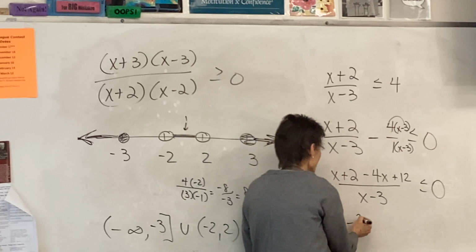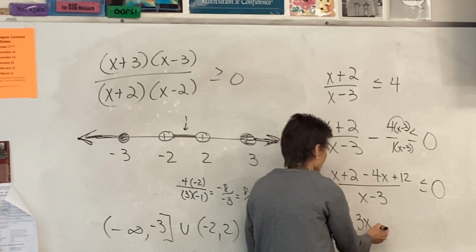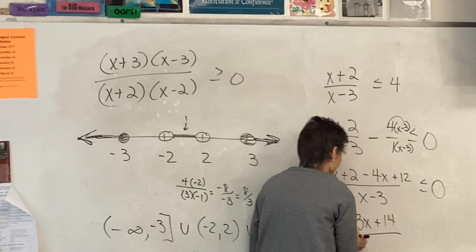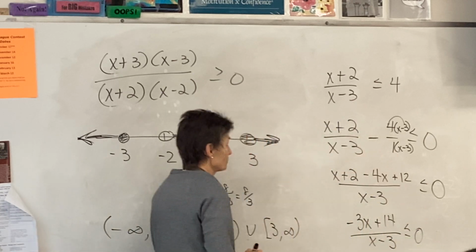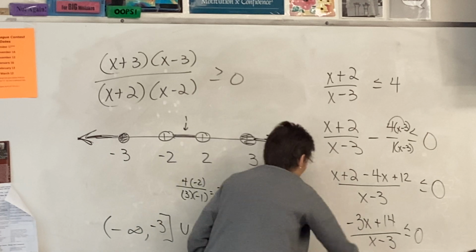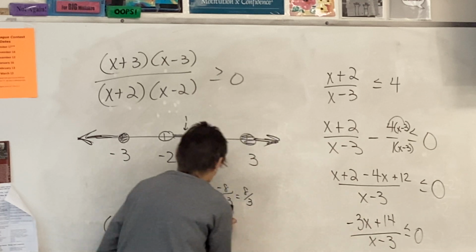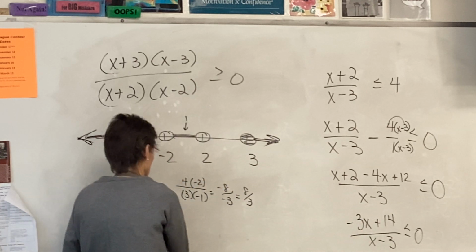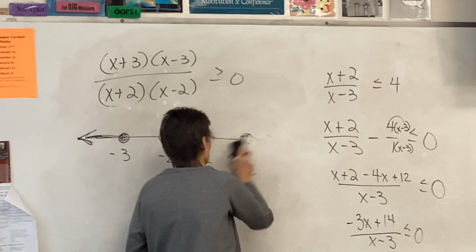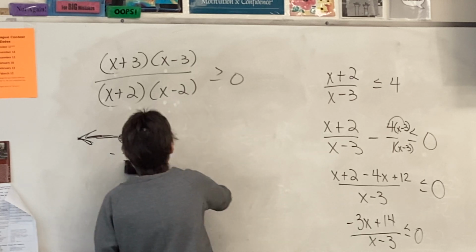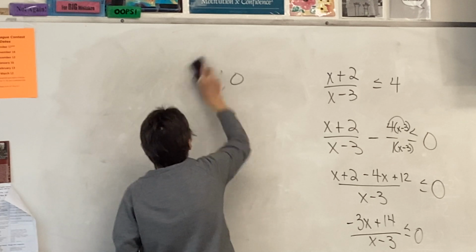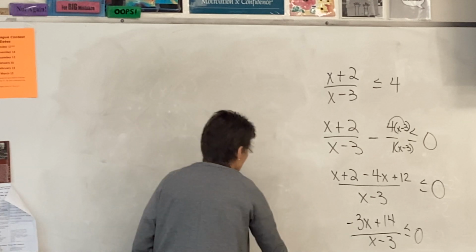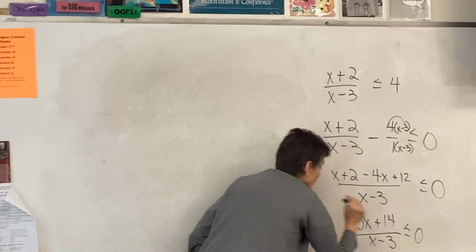So -3x plus 14. Now I have my 0, which is what I wanted.